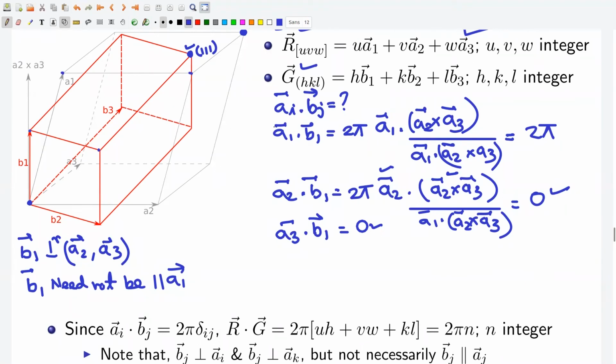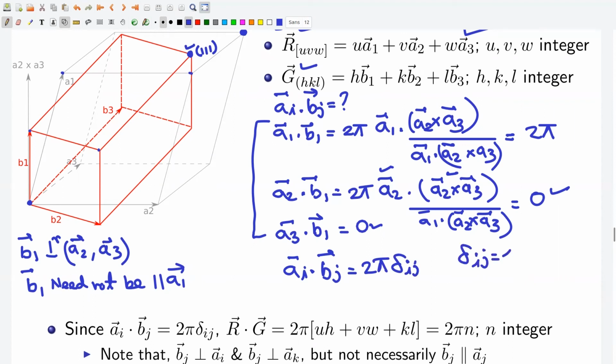Thus, these three equations we can write in a nice compact form in this way. Ai dot Bj is equal to 2 pi delta ij. Here delta ij is the Kronecker delta, which means delta ij is equal to 1 when i is equal to j, and delta ij is equal to 0 when i is not equal to j.